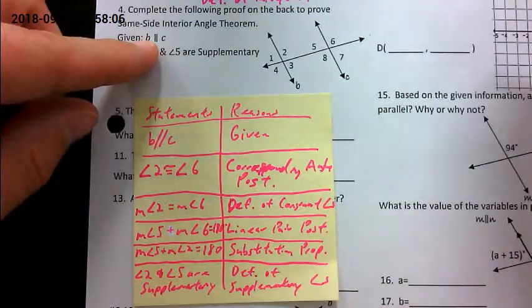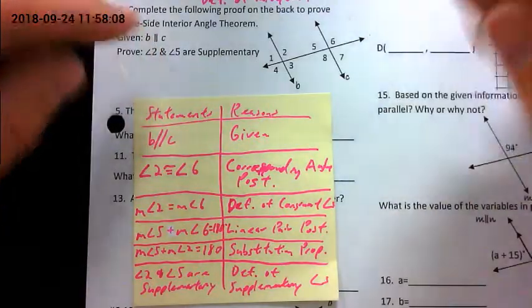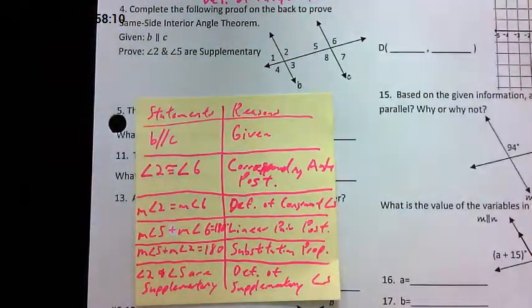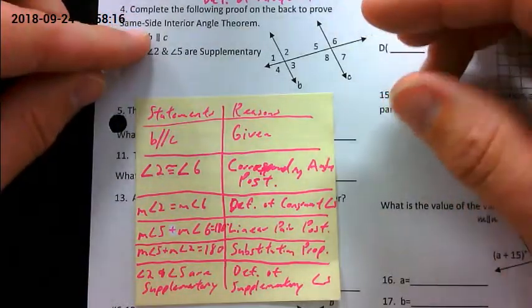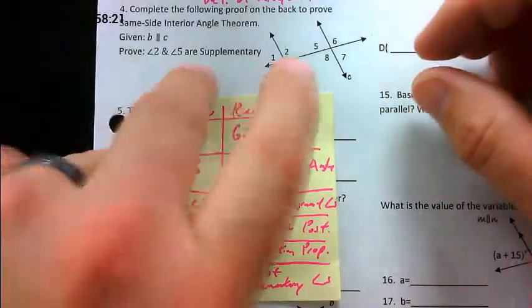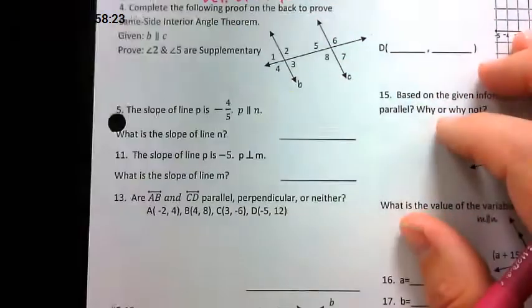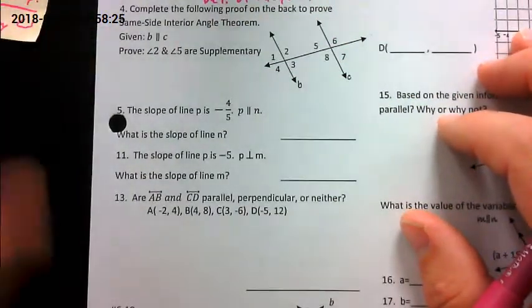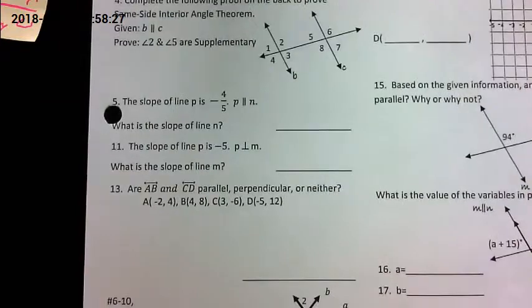We could have even chosen to use same side exterior angles. I'd be fine with that. But again, this was the only one we couldn't use since that's what we were trying to prove. All right, moving on. But again, I'm just trying to show that there are lots of different ways you could have gone about proving that statement.